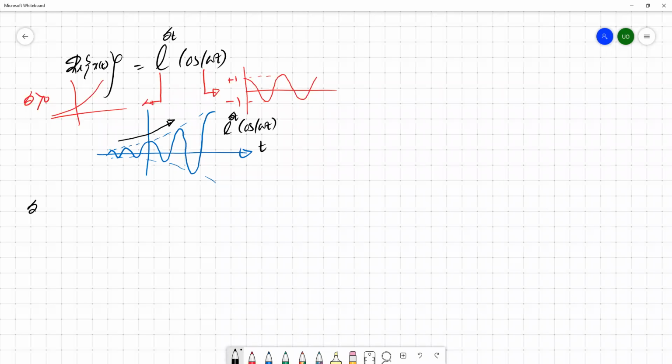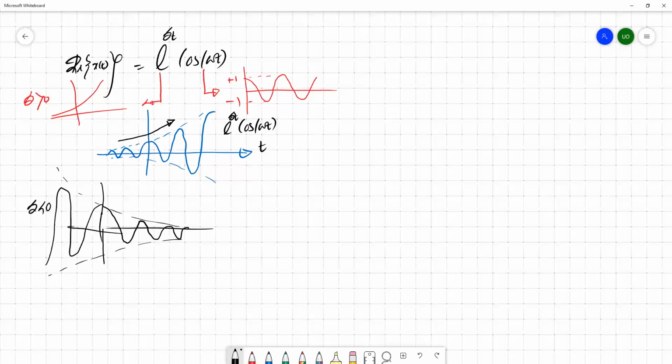If sigma is less than 0, you have this kind of version. So this is the envelope of the function, and the envelope is e to the power sigma t.